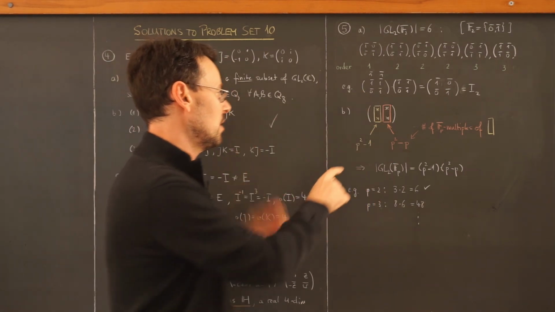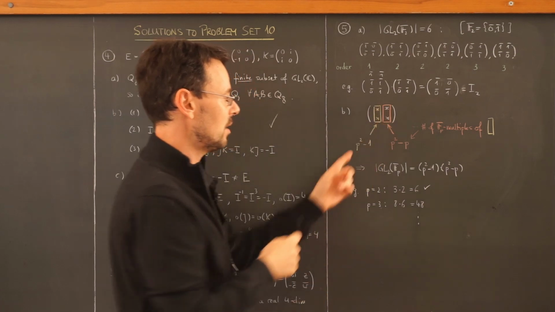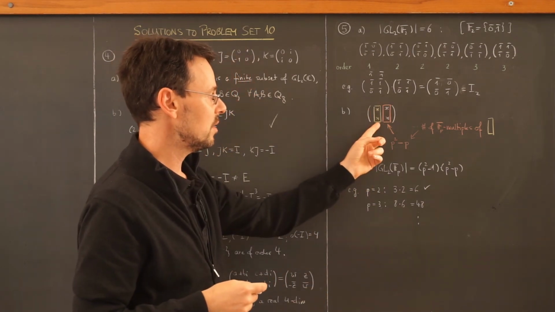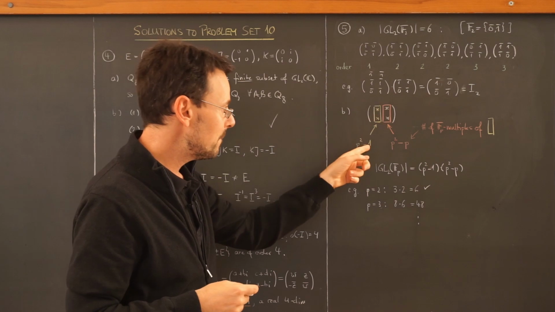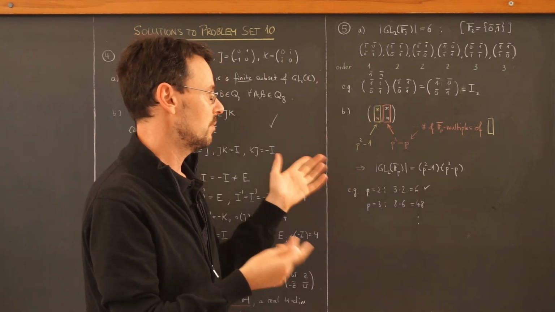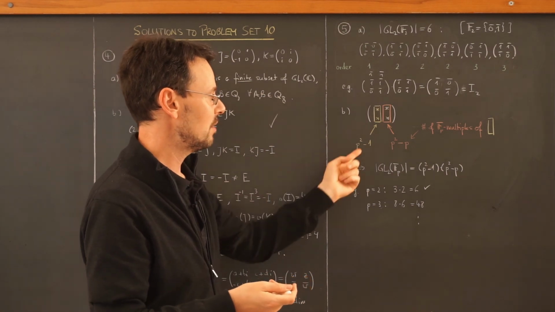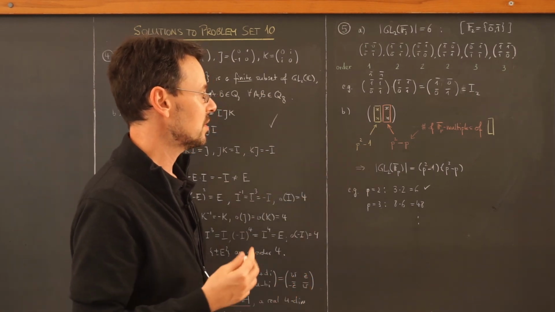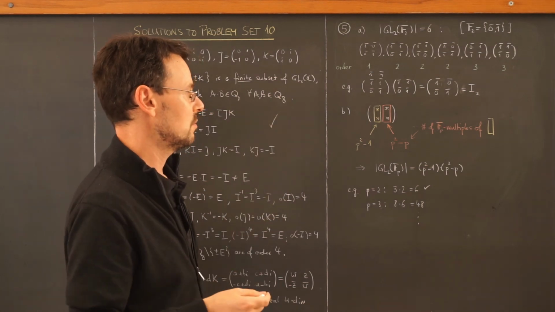So here we have p times p, making p squared entries that are possible, but we have to subtract 1 for the 0 column. This is not allowed. So here we have p squared minus 1 possible first columns.